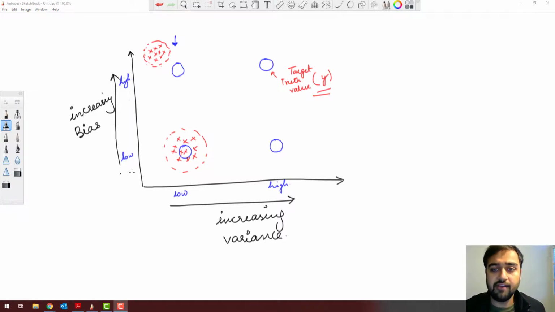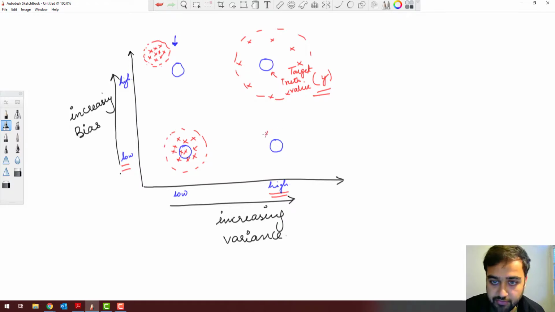Now let's say we have a model having high bias and high variance. That would be a model having none of the values close to the target value and all spread very far apart, right? Because variance is high and bias is high, none of them are close to the target values. Now let's say we have a model having low bias and high variance, right? So low bias, high variance would be something of this sort.